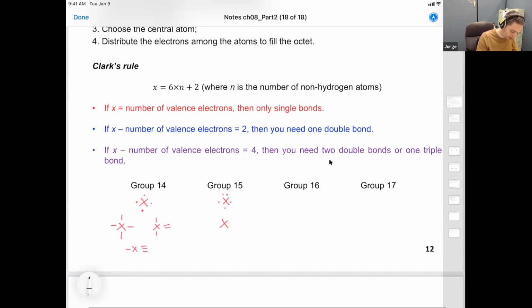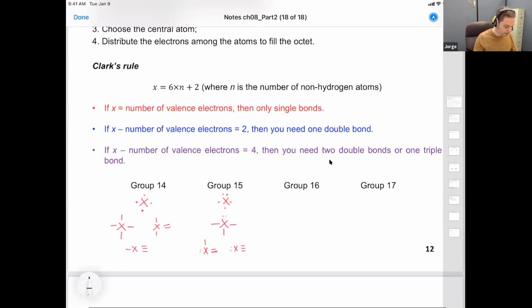So same idea here, 5, 6, 7, and 8, and there will be a lone pair here. So again, a maximum of 3 single bonds, or a combination of 1 double bond and, for example, 1 single bond, or even 1 triple bond. Okay, the maximum number of covalent bonds under ideal circumstances is 3.